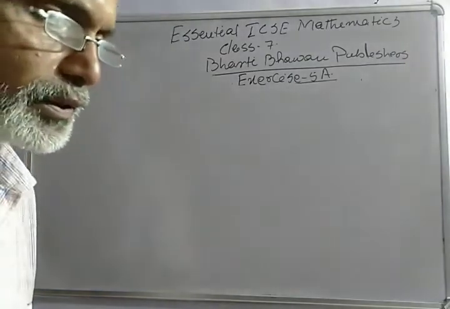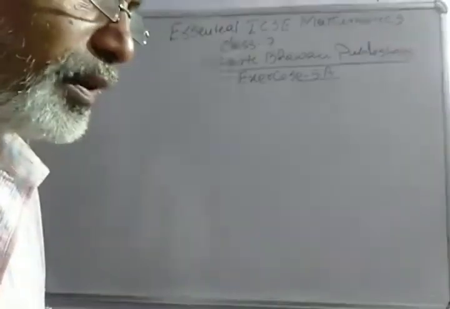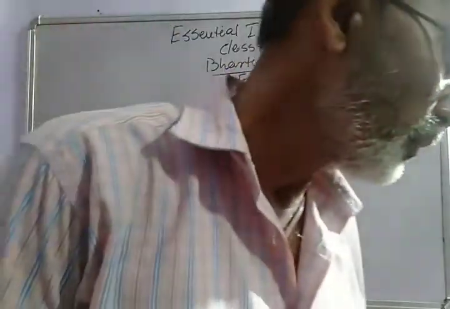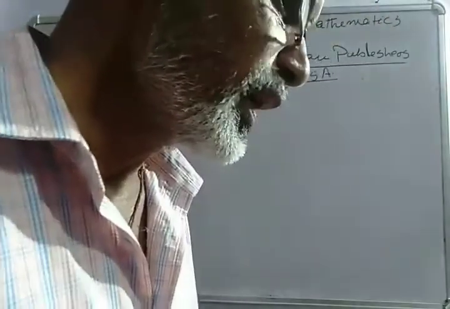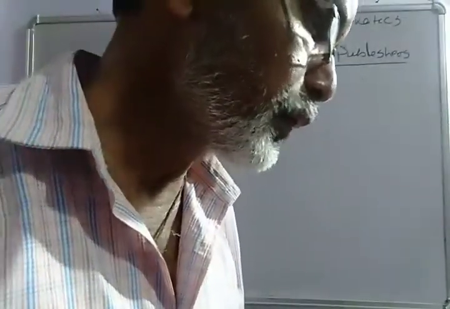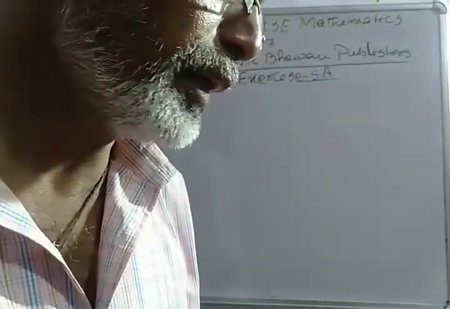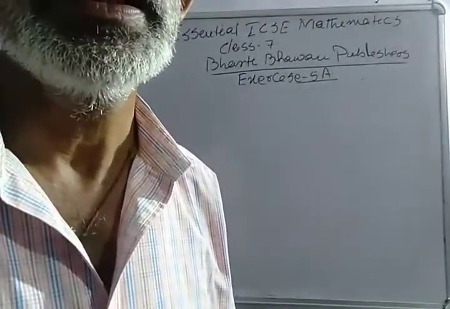Then the next one is number 4. 2 to the power 2 into 2 to the power 3 into 5 to the power 4 by 2 to the power 5 into 5 to the power 3.